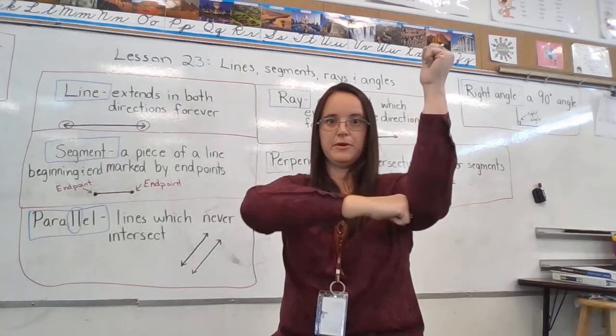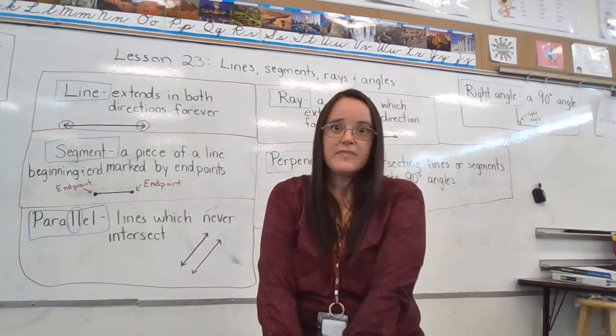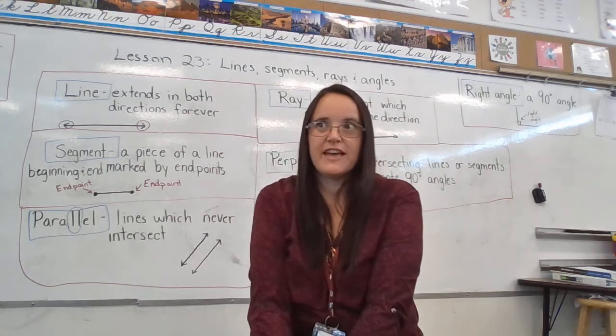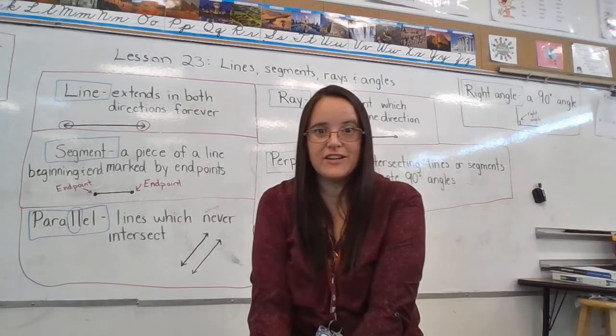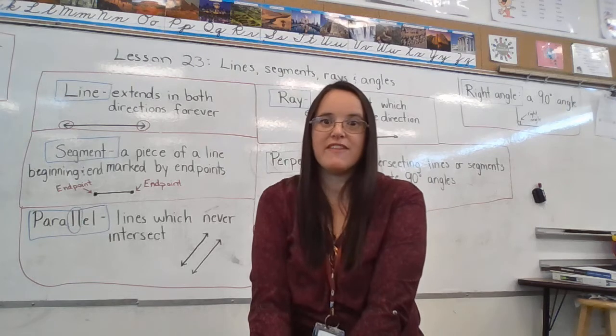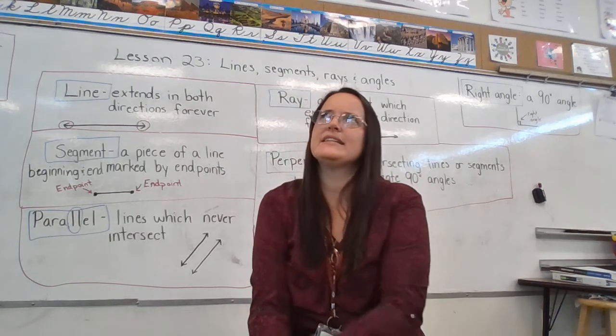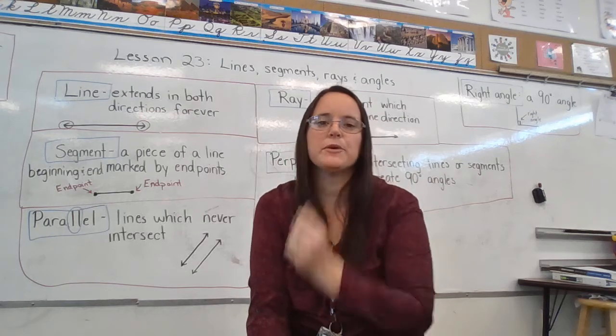Parallel, perpendicular. So once you have that down, I'm going to call out two words, either parallel or perpendicular, and I want you to show me with your arms. Do we have parallel or perpendicular? What does that look like? Ready? Let's start with perpendicular.